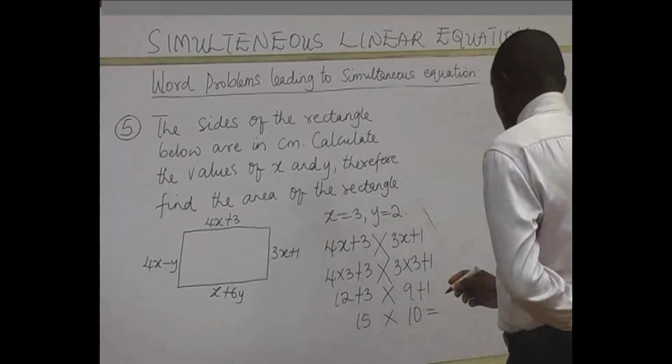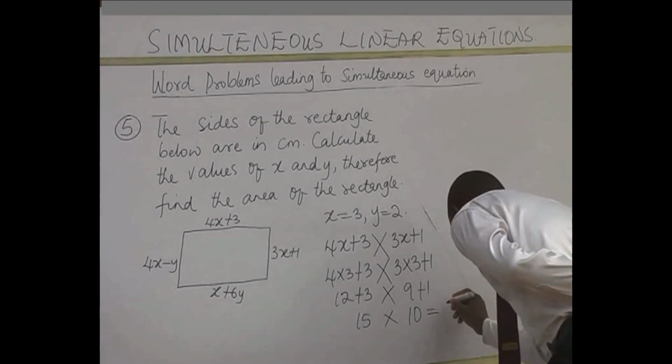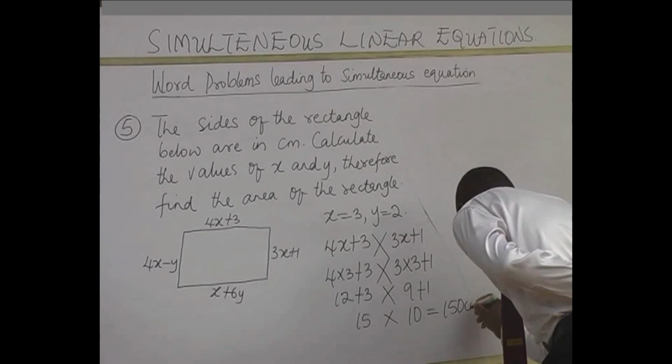If you multiply 15 and 10, you have 150 centimeters squared.